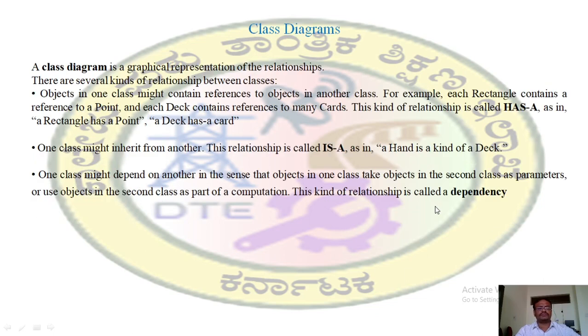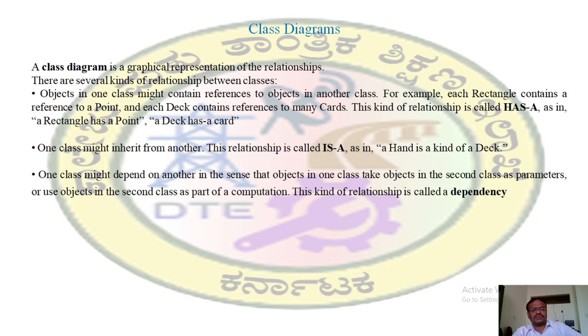Let us try to understand what a class diagram is. A class diagram is a graphical representation of the relationships, that is, how the relationship between any two classes can be represented. There are several kinds of relationships between classes.